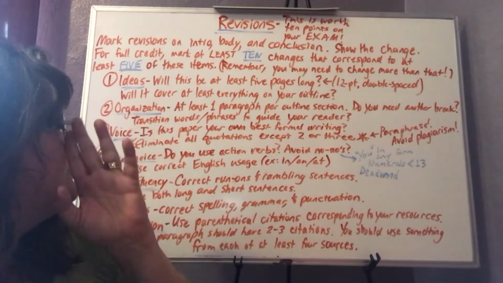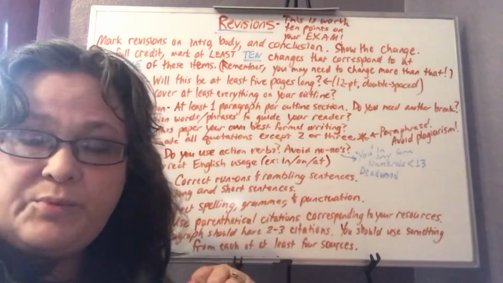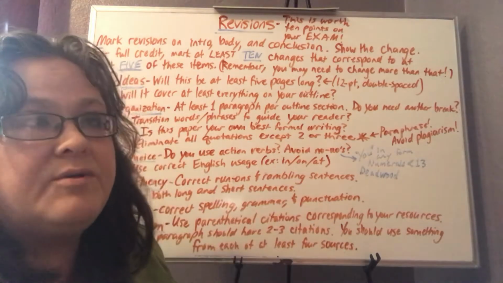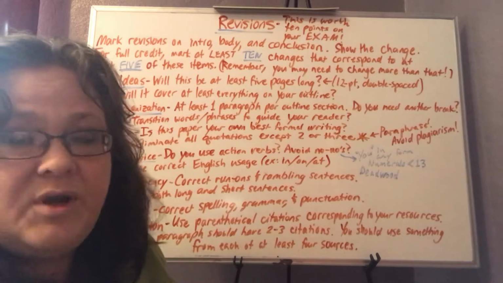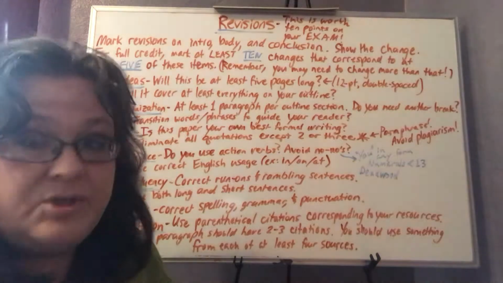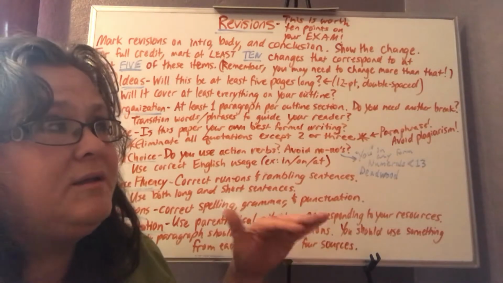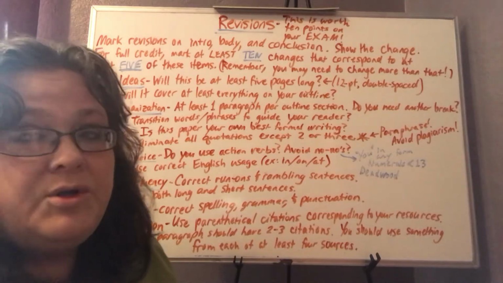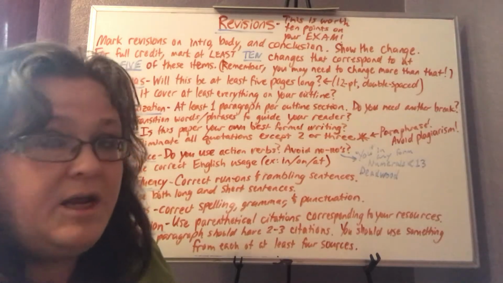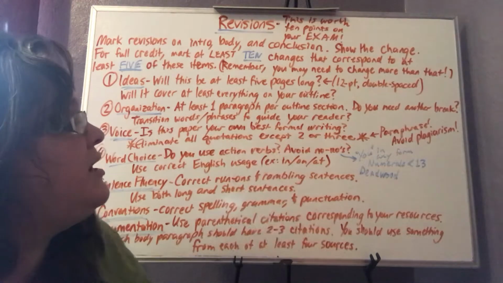Number 1, ideas. Will this be at least 5 pages long? There's a couple of people that I'm a little concerned about, especially those that handwrote their rough draft, which is okay. But you need to think about how many lines there are on a regular 8.5 by 11 page.